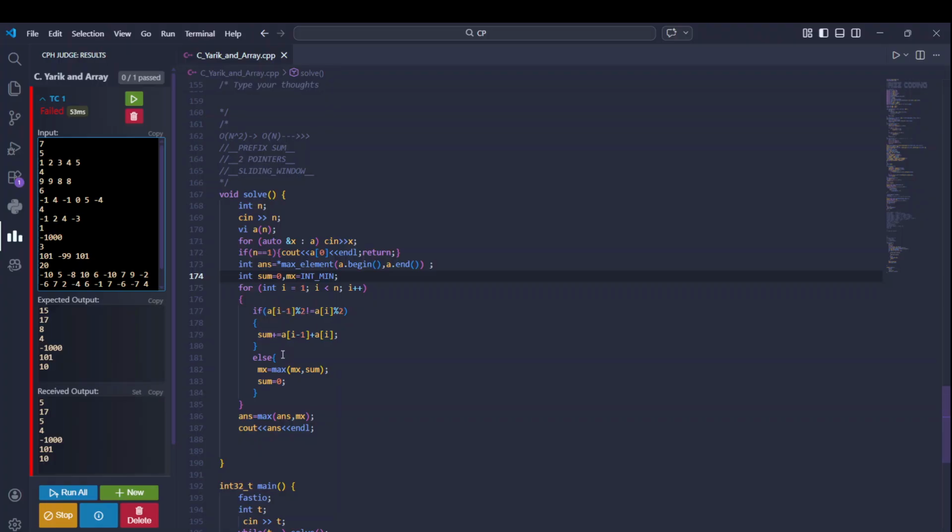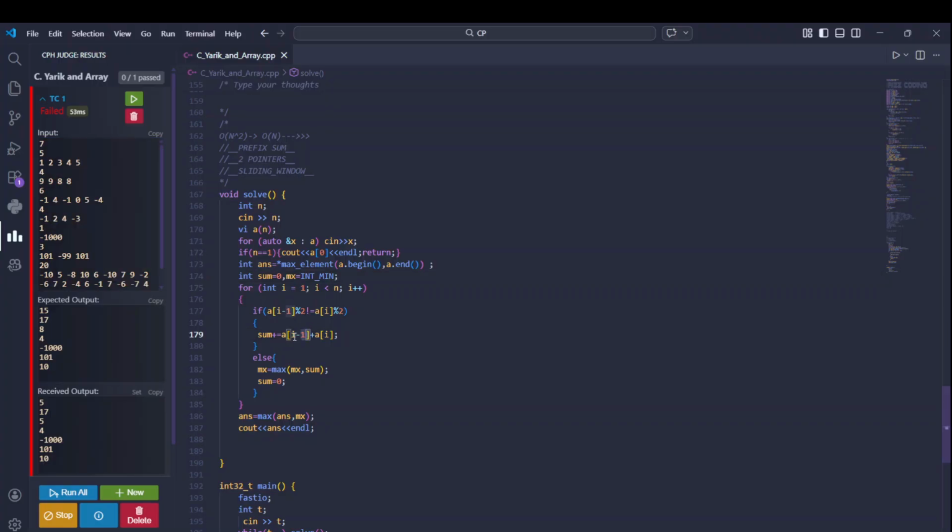Parities are different, then I'm not going to say this. Sum plus that index, but before that I should initialize my sum with the first index. But that is not gonna work.